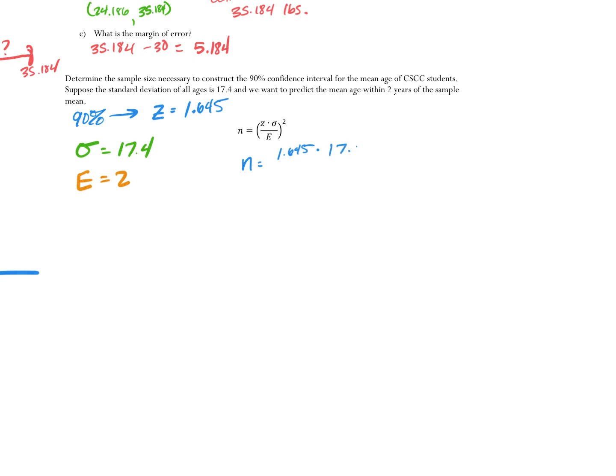Z star is a theoretical Z. It's like a boundary, and we call it a critical value. Like, it's where that middle chunk is.